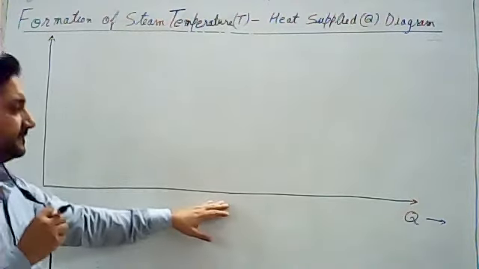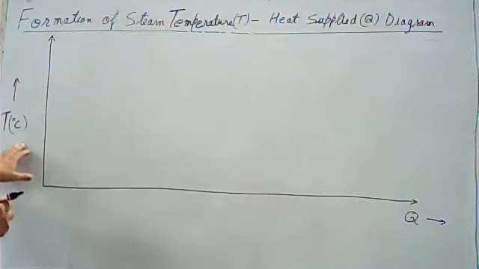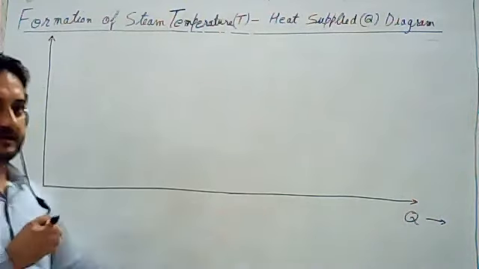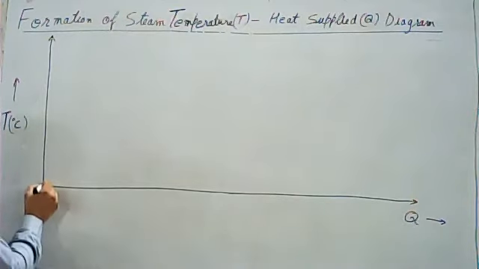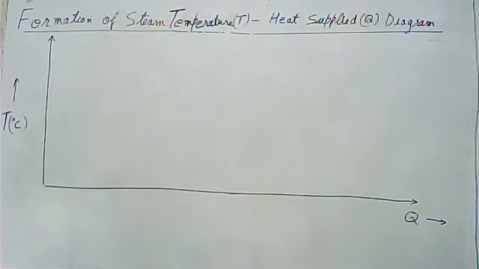Now, continuing from that lecture, today we are going to draw the graph between temperature and the heat supplied. Okay, so temperature is on your y-axis, and the heat supplied is on your x-axis. So in the beginning, we took the ice, and the temperature of the ice was -10 degrees centigrade.